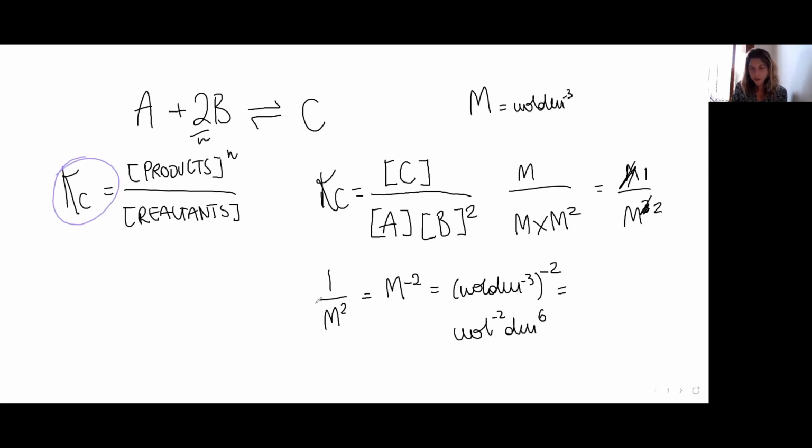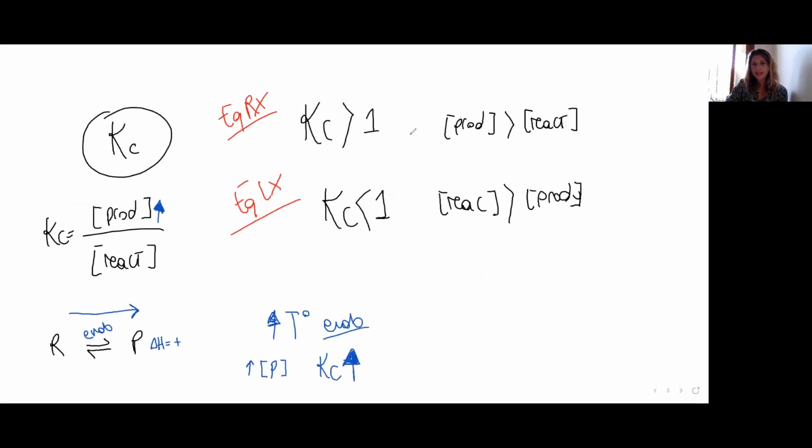It's only the temperature, because it affects one direction of the reaction over the other. To summarize, Kc units we have to work out by simplifying the units, and they're different for each reaction depending on how many products and reactants there are, because they're always concentrations to the power of the balancing number. In terms of the value of Kc, it can tell us the position of the equilibrium.